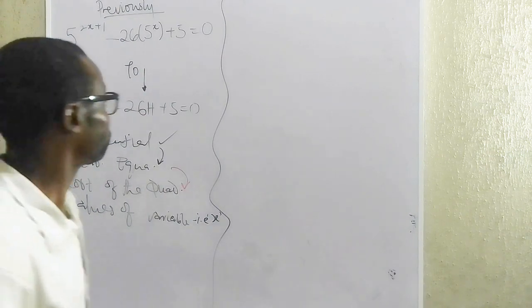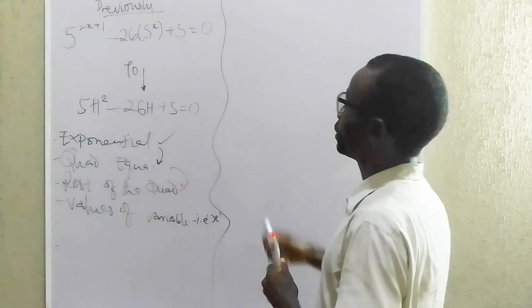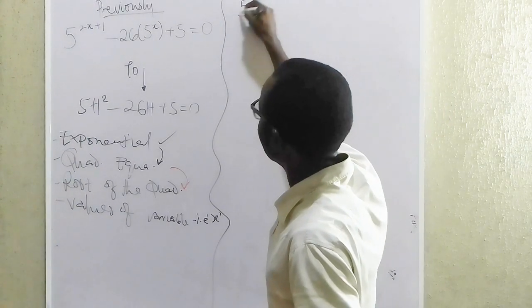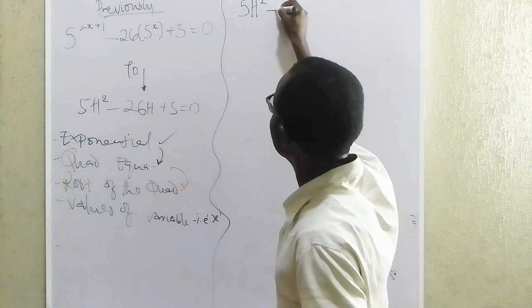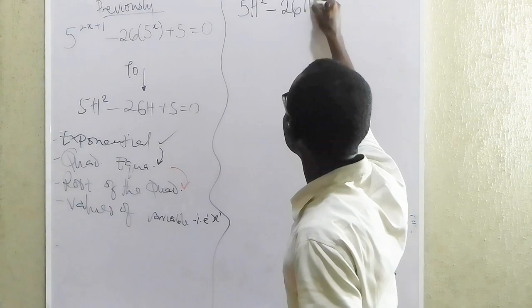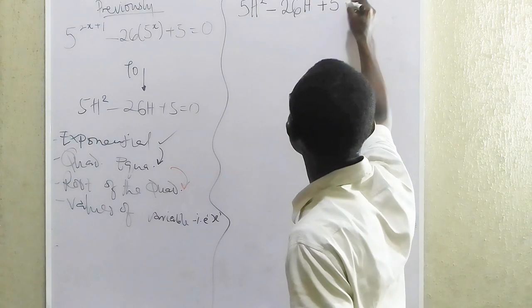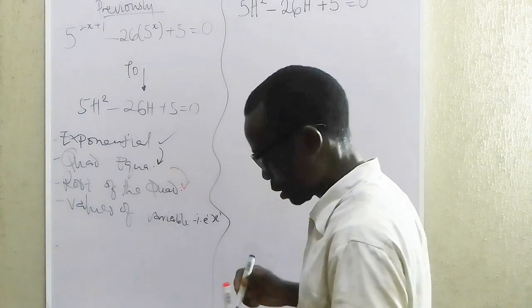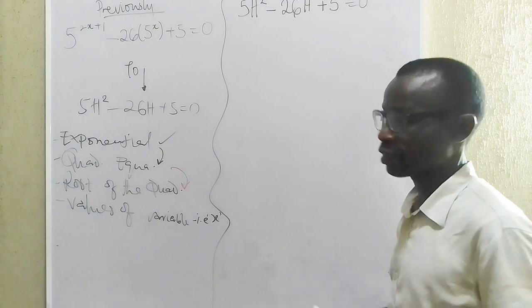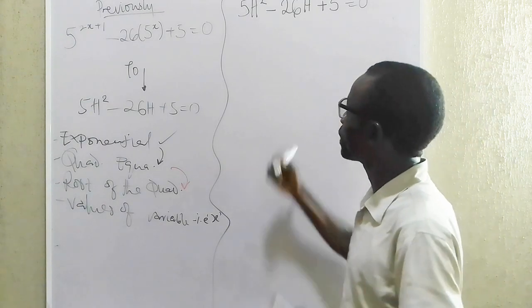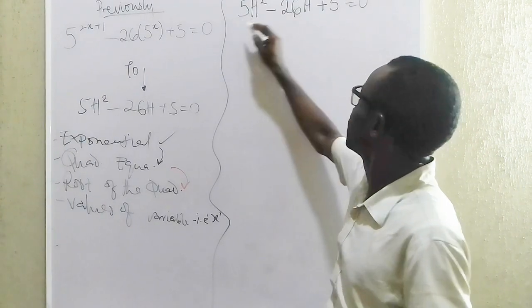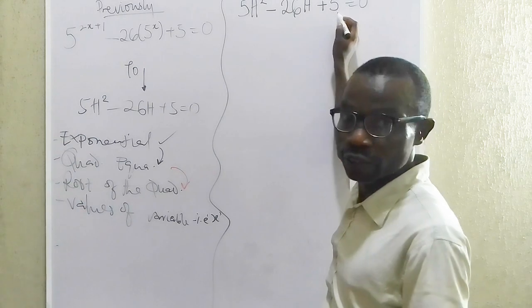So let's go. Now, having this, we have 5h squared minus 26h plus 5 is equal to 0. Now, what we do is this. The first step is to multiply the coefficient of h squared by this value here.